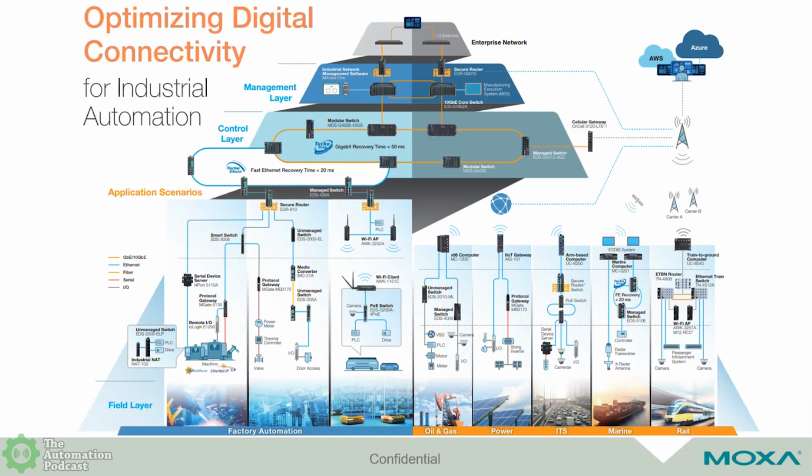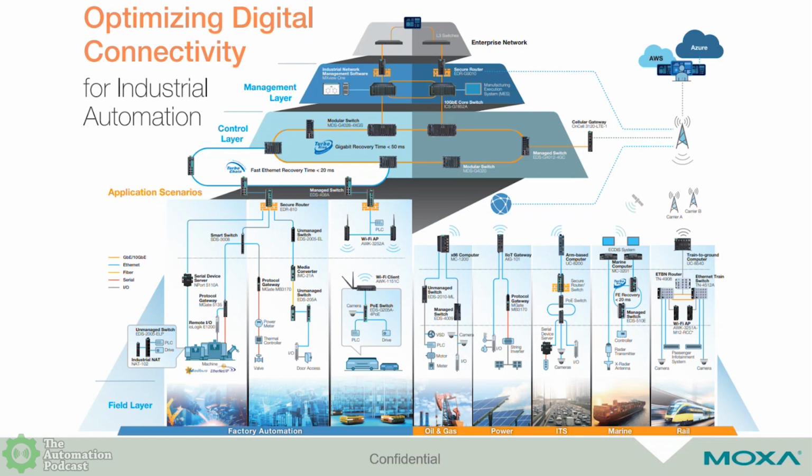If you look at the whole connectivity landscape, I don't want to go into details here, but whether it's factory automation, oil, gas, power, transportation, marine, or rail applications, it all starts at the field, at the facility, where you have your equipment deployed.